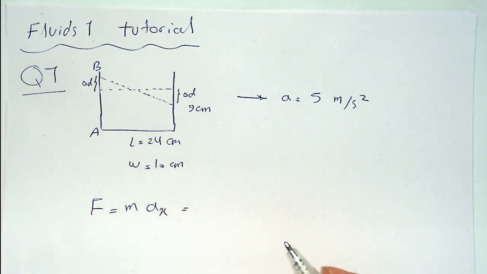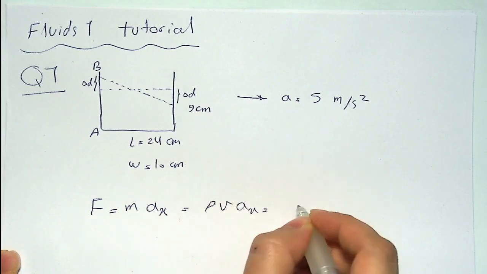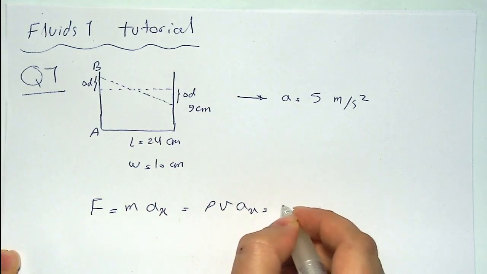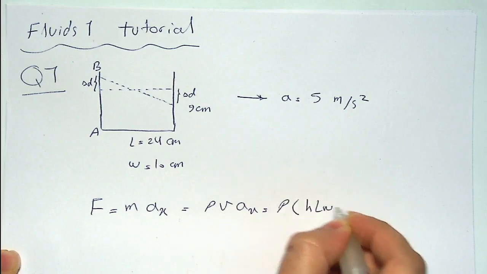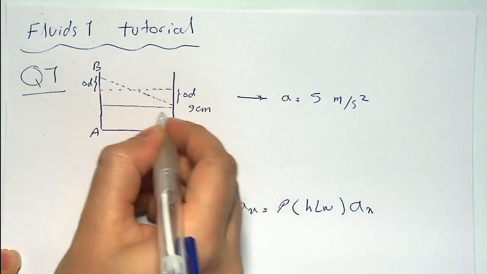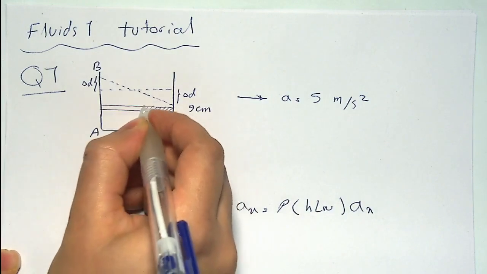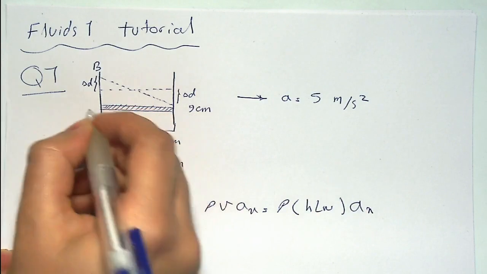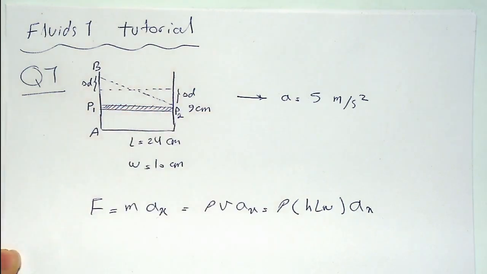M is rho V. And we know that the V, which is the volume, is equal to HLW AX. I am taking this control volume here. The pressure here is P1 and the pressure here is P2.